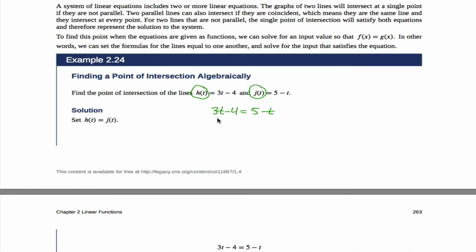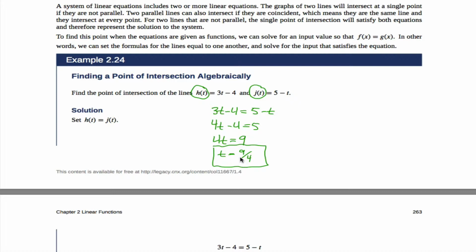So what? What does that tell me? Well, this gives me an equation that only has one variable, the letter t. So I can isolate that variable. I can solve this thing for t. Maybe add 1t to both sides of the equation, and then add 4 to both sides of the equation, and then divide by 4, and get t equals 9/4. But wait, what did I just figure out there?